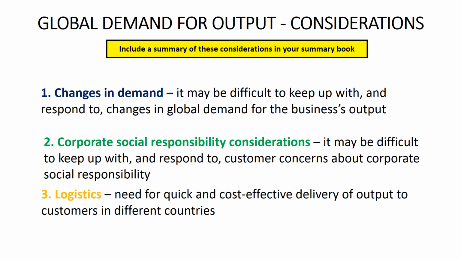And third, where the business's customers are spread across different countries, the Australian business will need to have in place delivery systems that deliver the business's output to those customers in a quick and cost-effective manner.